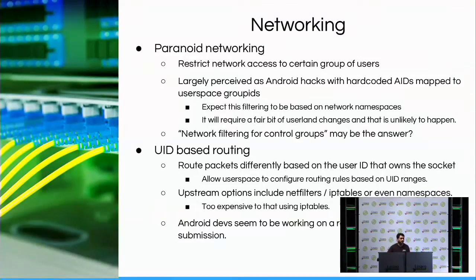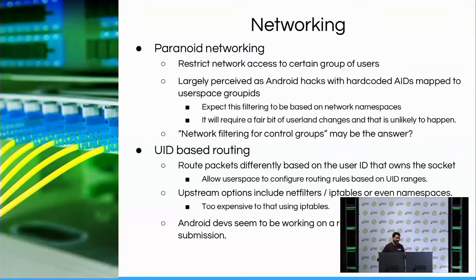This is where paranoid networking comes into the picture. It's just a tiny bit of code in the mainline tree, but what it does is map those in-kernel Android IDs to the user space group IDs, and then put a restriction there. So this particular group does not have access to networking resources, and this particular application cannot have network access.